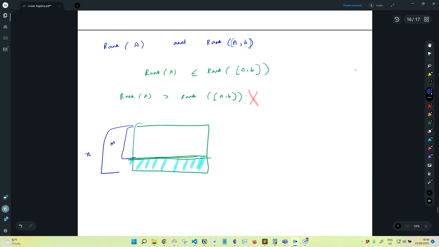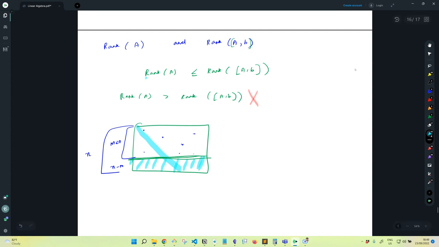So A has n rows, and you have m less than n non-zero rows. What do I mean by non-zero rows? In each of those rows there is at least one entry that is non-zero, and you have n minus m rows that are all zeros. And further, remember that because we are dealing with rank, we are in the RREF format.